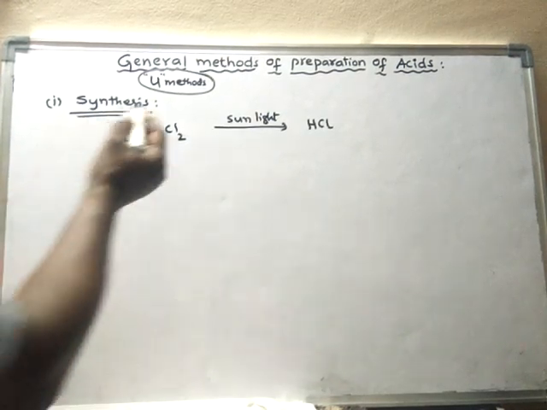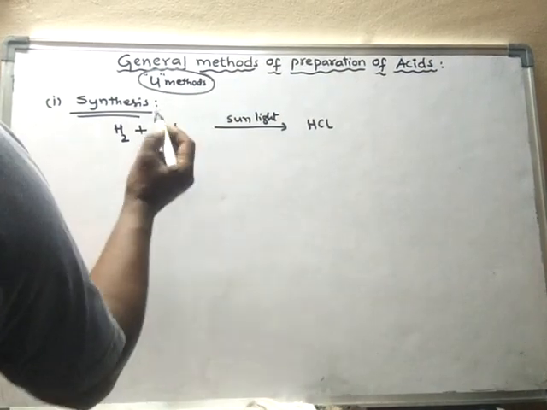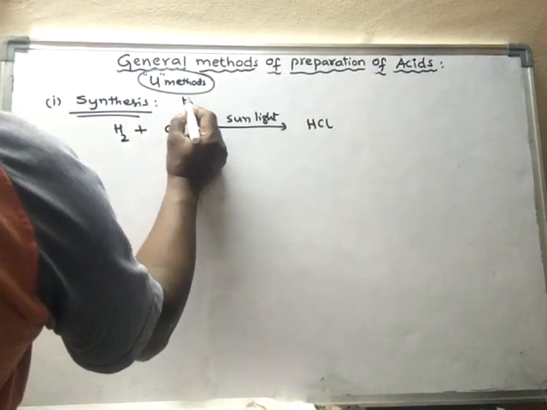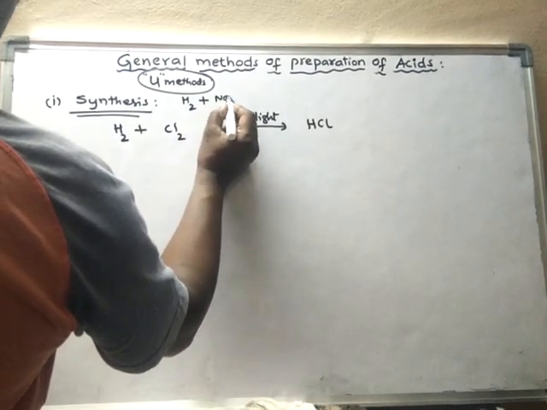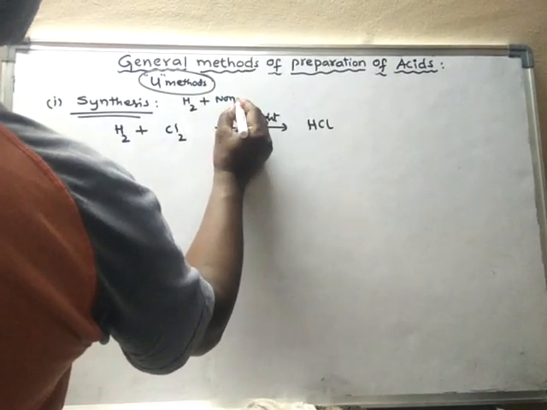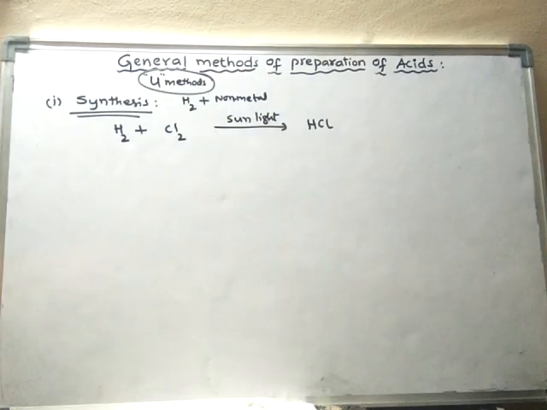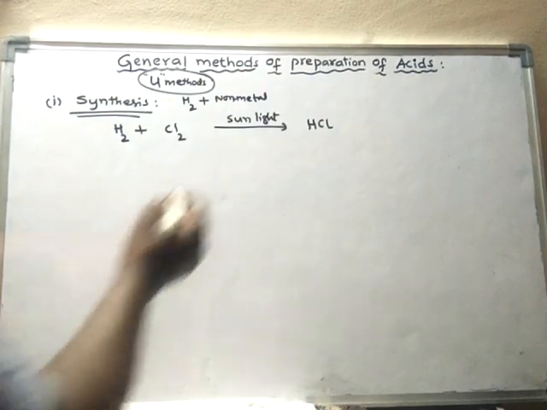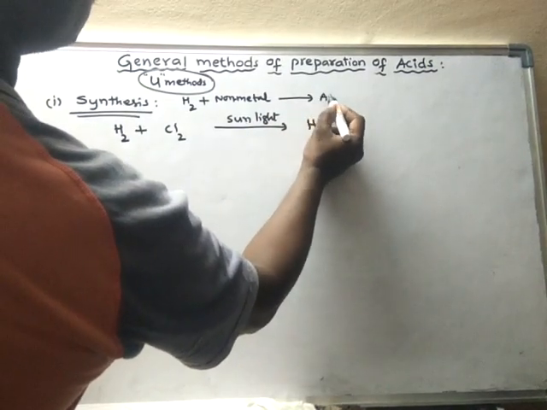Particularly for the synthesis of acids, we can generally write: hydrogen plus non-metal react with each other to form acids.